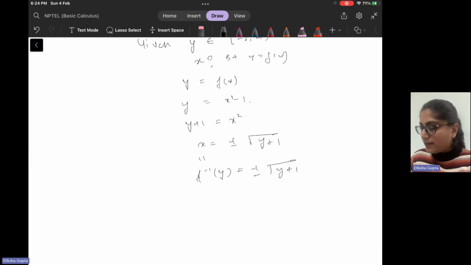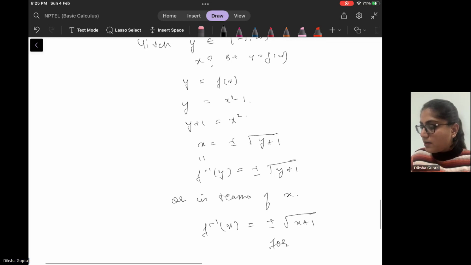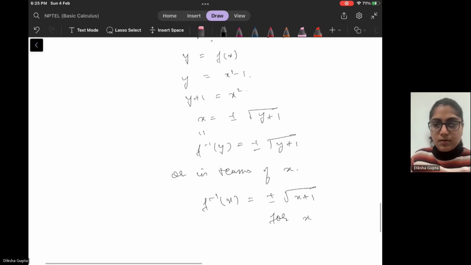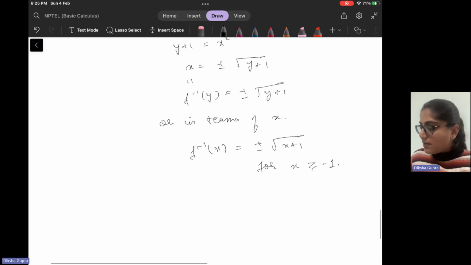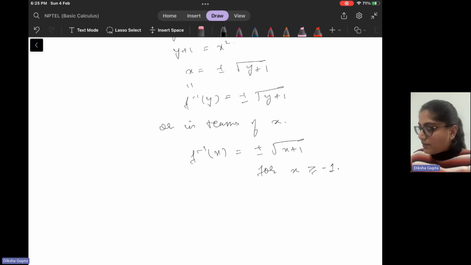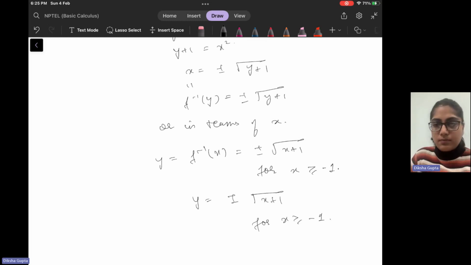Or if we write it in terms of x, f inverse x is plus minus root x plus 1 for x greater than or equal to minus 1, right?